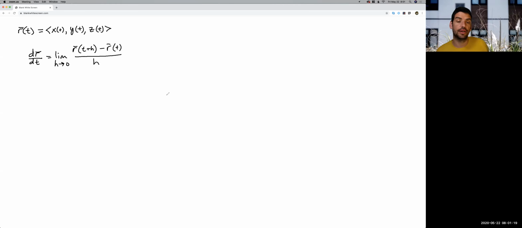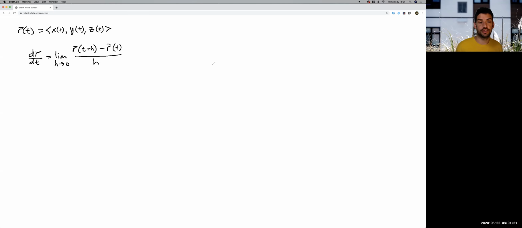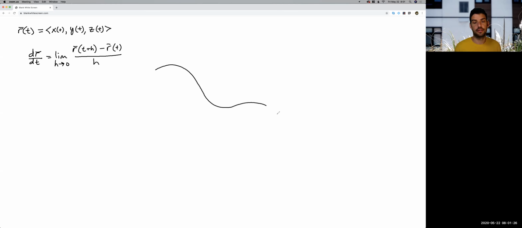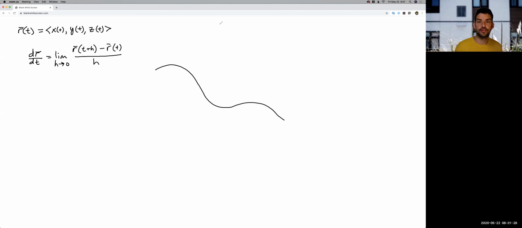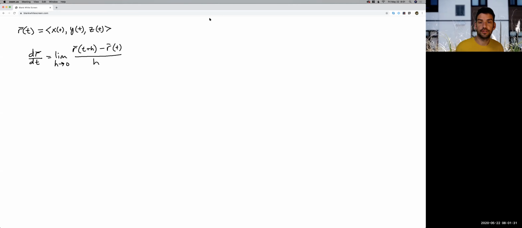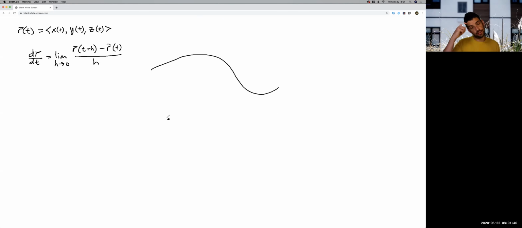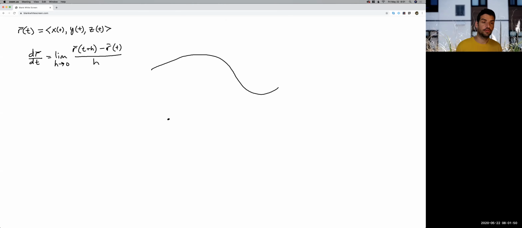So let's think about what this means geometrically. So let's say here's my space curve. Actually, sorry, I'm going to erase this, I think it will be a little easier to do this drawing if I do something like this. Okay. And let's say the origin is over here. I'm not going to draw the axes to keep this relatively simple. So in the top of this quotient, we have r of t.